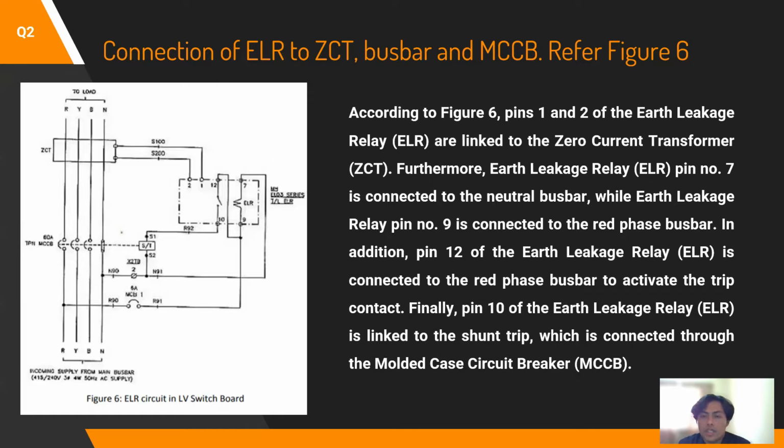Furthermore, earth leakage relay pin number 7 is connected to the neutral bus bar, while pin number 9 is connected to the red phase bus bar. In addition, pin 12 of the earth leakage relay is connected to the red phase bus bar to activate the trip contact. And finally, pin 10 of the earth leakage relay is linked to the shunt trip, which is connected through the molded case circuit breaker, called the MCCB.